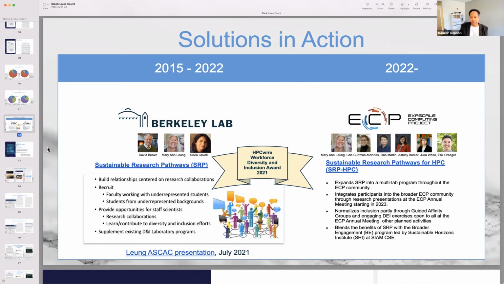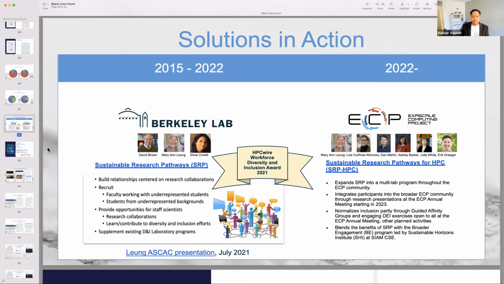So when we talk about diversity and inclusion, that's the inclusion piece, right? We can get the population here, but can we keep them here? And one of the things that will help to keep them here is to create a more inclusive environment. One of the main thrusts of Marianne's organization is normalizing inclusivity.